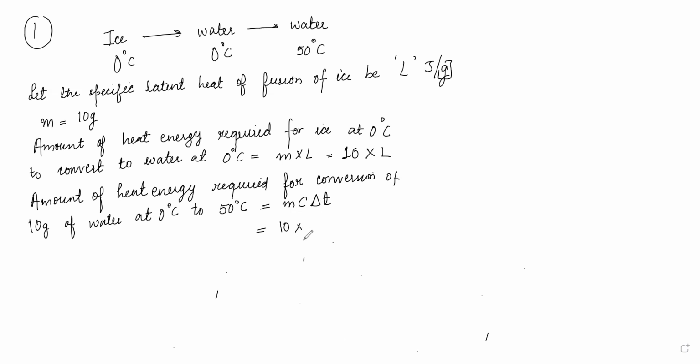Here, since it's given as joule per kg per Kelvin, we'll take the mass as 0.01 kg. So it will be 0.01 into 4200, that is joule per kg per Kelvin, into the temperature given to me, which is 50. When you calculate this, you get 0.5 into 4200, which is equal to 2100 joule.